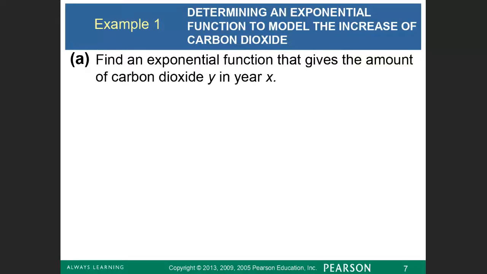And that's the formula that we're talking about. Our y is 2000. Our y sub 0 is 353. That's the initial amount in ppm. And then e power of k, our t is 285. So that's our equation.